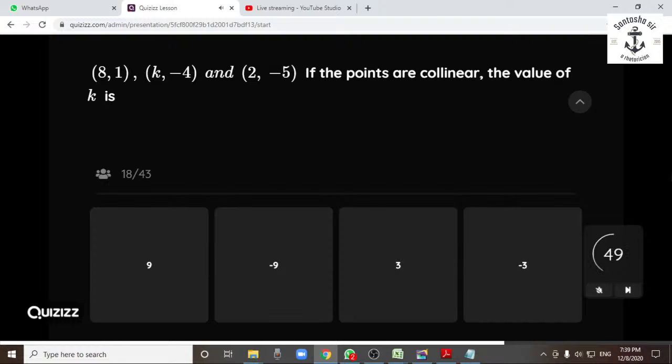Okay, last 50 seconds. So you need to find the value of k. Thirty seconds.